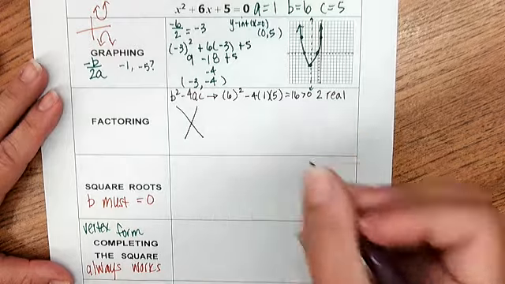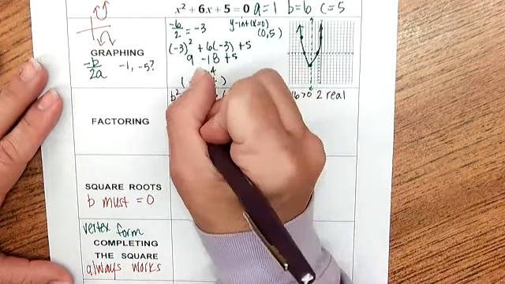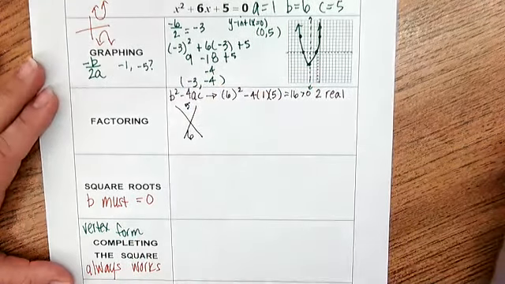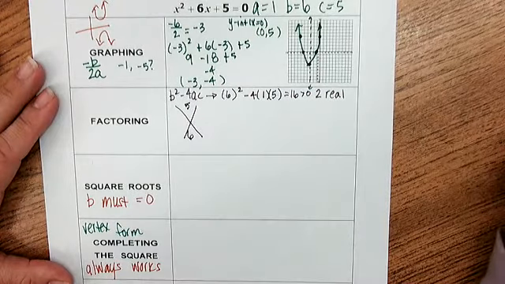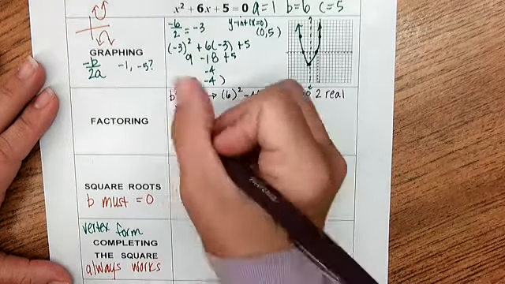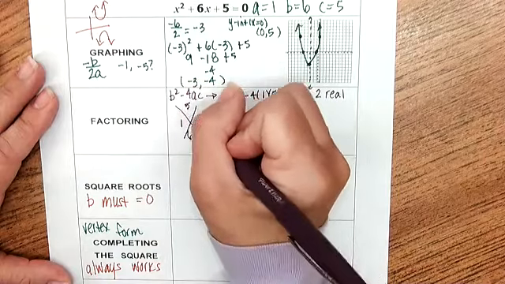Okay, so AC is 5, B is 6. What multiplies to 5 but adds to 6, I believe, is 1 and 5.